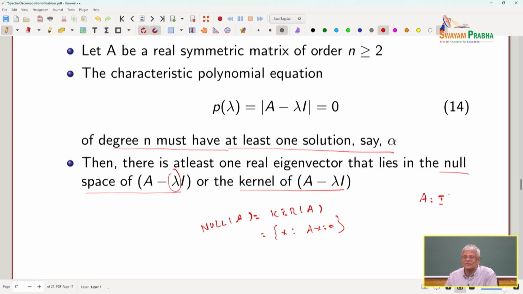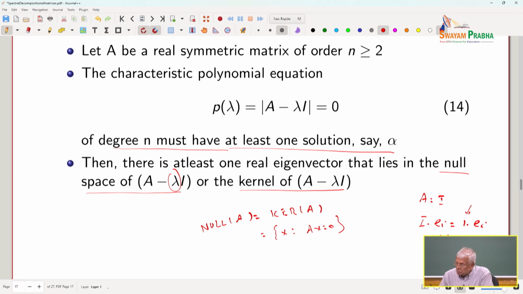All are ones, so 1 is an eigenvalue of multiplicity n, and we already know I times e_i equals 1 times e_i for 1 less than or equal to i less than or equal to n. So 1 is an eigenvalue of algebraic multiplicity n.